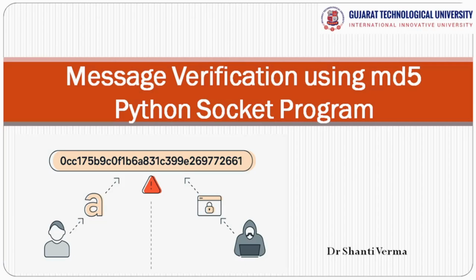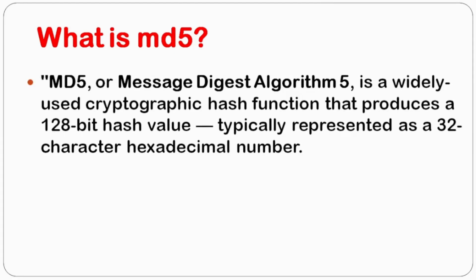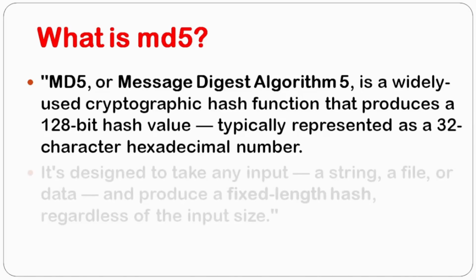But before we jump into the code, let's take a moment to understand what MD5 is. MD5, or the Message Digest Algorithm 5, is a widely used cryptographic hash function that produces a 128-bit hash value that is typically represented as a 32-character hexadecimal number.